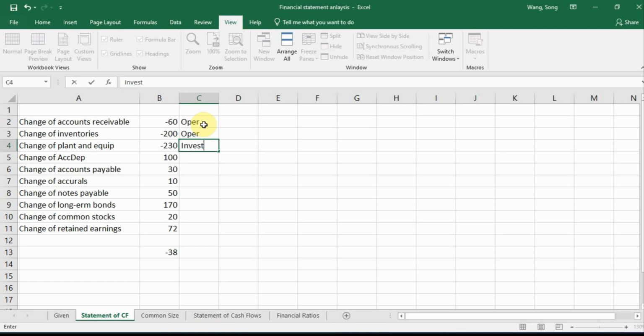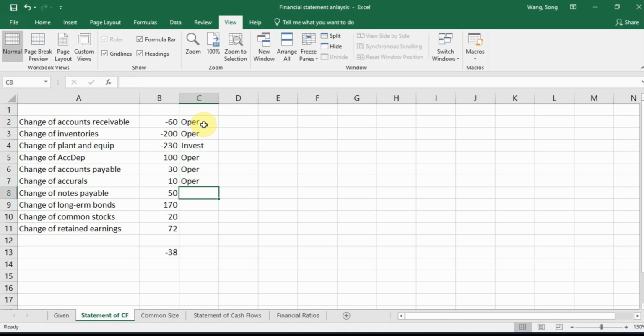Plant and equipment is different. That's an investing activity. You spend a lot of money for a capital budgeting plan, which means a huge investment from the company side. And accumulated depreciation is also an operating activity, payables operating activity, accruals operating activity.